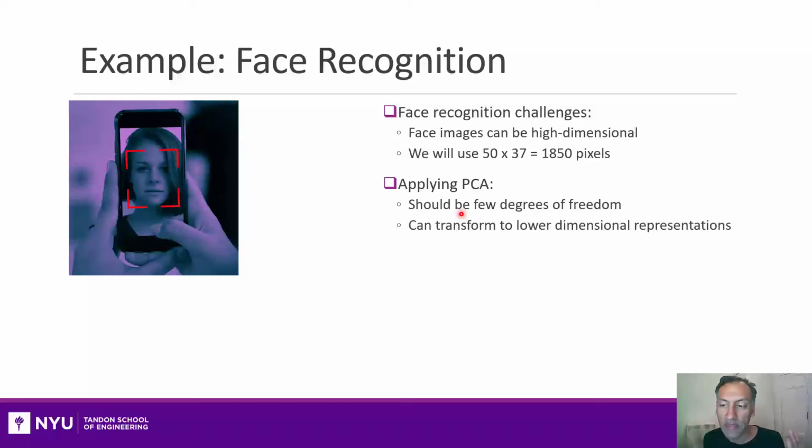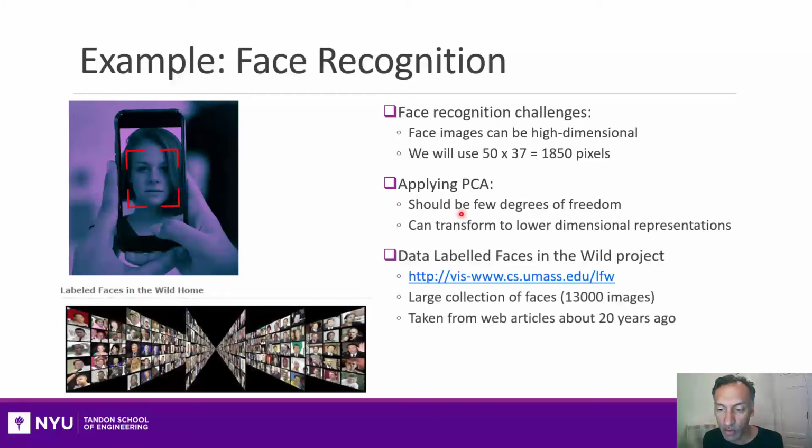And what that means is that we should be able to transform that image to a lower dimensional representation prior to building a classifier. For this demo, I'm just going to illustrate this on a very, very simple data set, much simpler than you would see in any commercial system today, just because it's easy to work with and we can do it very quickly.